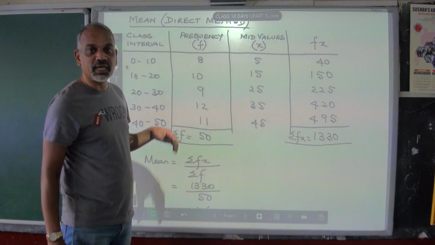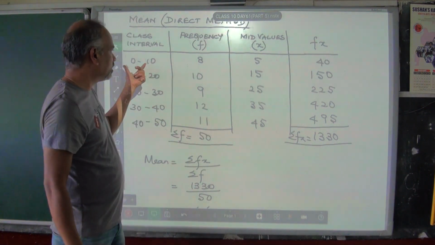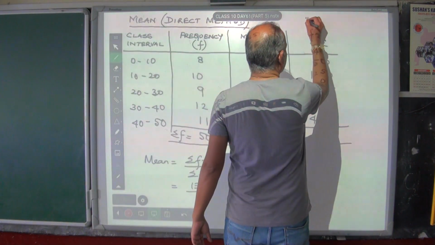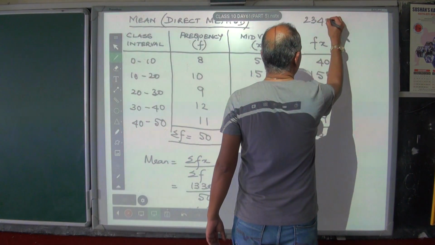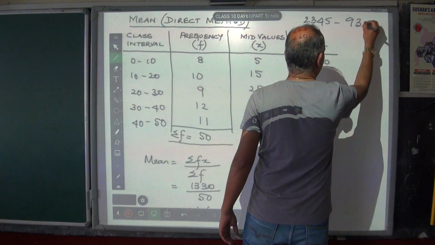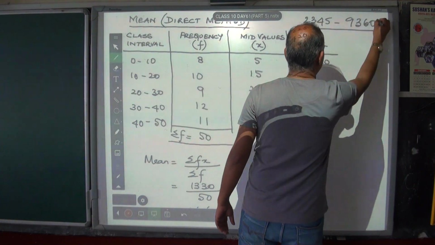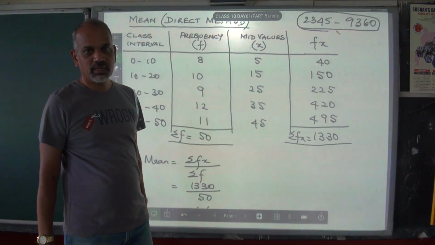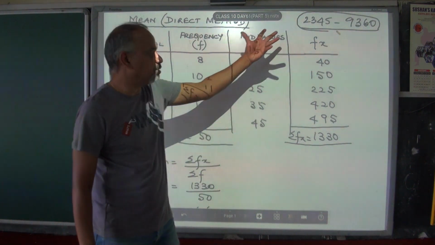Now, if these were big numbers, like say, the class interval that was given is 2345 to 9360. This is the first class interval that is given. And you are asked to find the mid value. Then you cannot keep thinking.